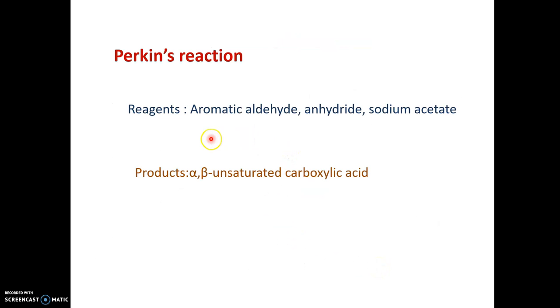So the reagents involved in the Perkin reaction are an aromatic aldehyde, an anhydride and sodium acetate. And the product we are going to get is an alpha beta unsaturated carboxylate. Since here we are taking an aromatic aldehyde, we get an alpha beta unsaturated aromatic acid, which is commonly known as cinnamic acid.